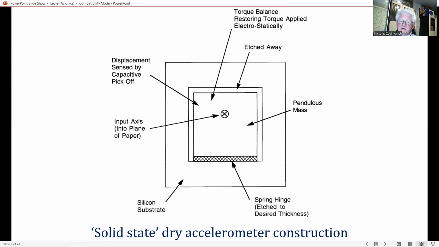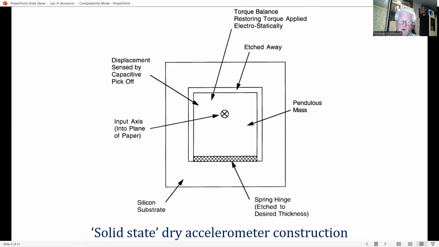Solid-state accelerometers fabricated from silicon using semiconductor manufacturing technology are now being widely used for lower accuracy applications. The technology offers very small size and low manufacturing cost. This slide illustrates the construction of a solid-state silicon accelerometer.